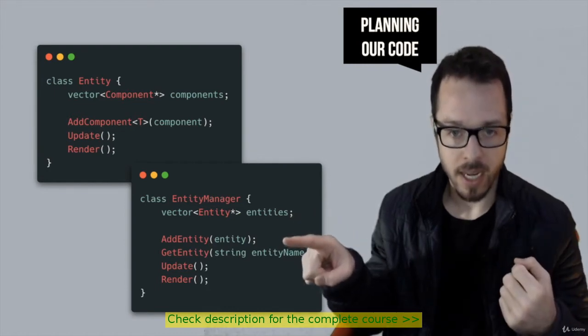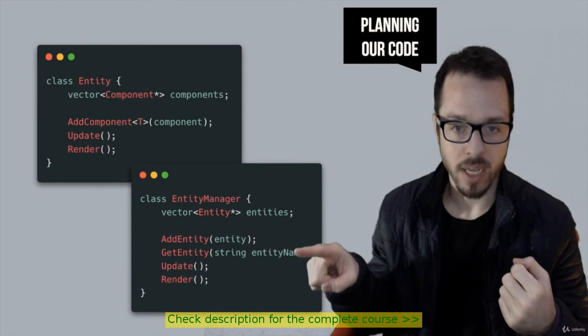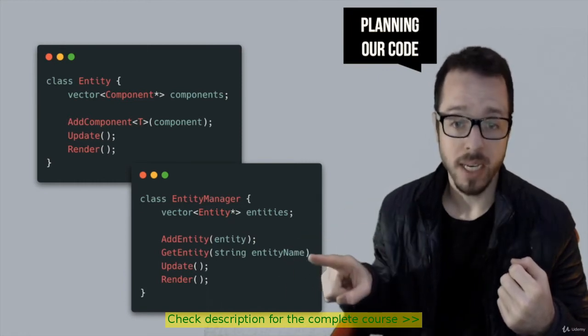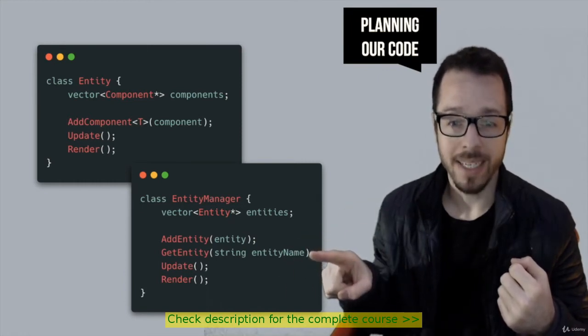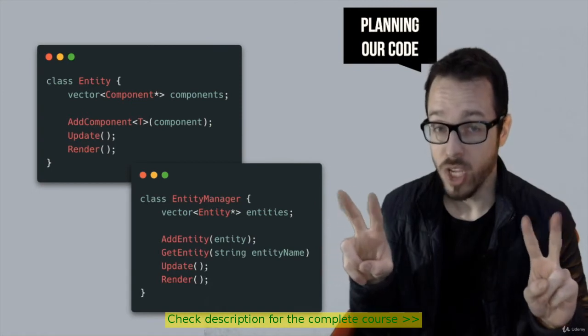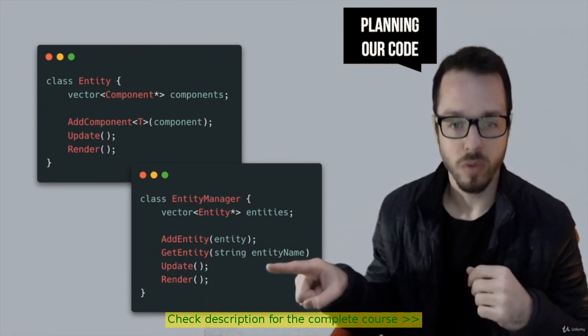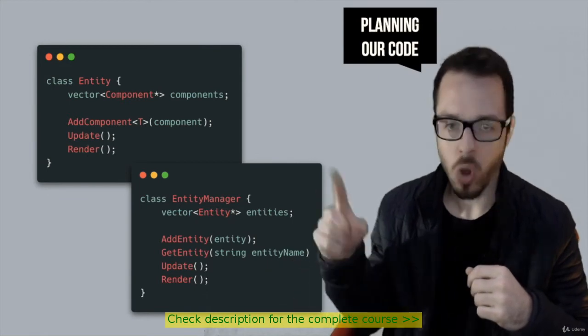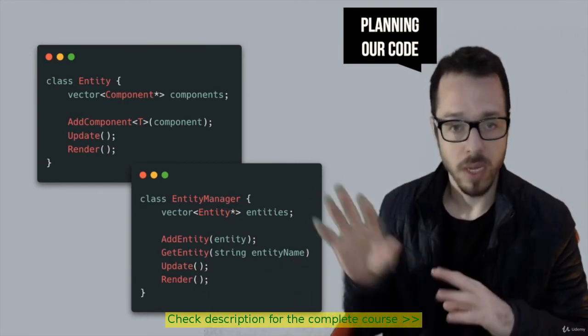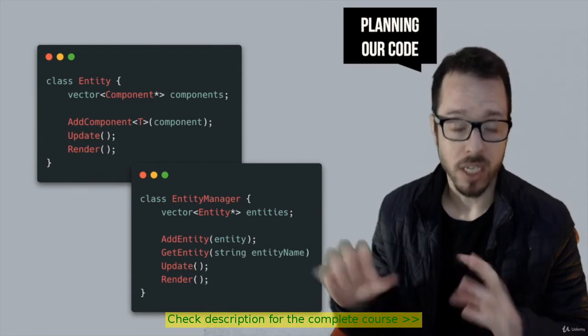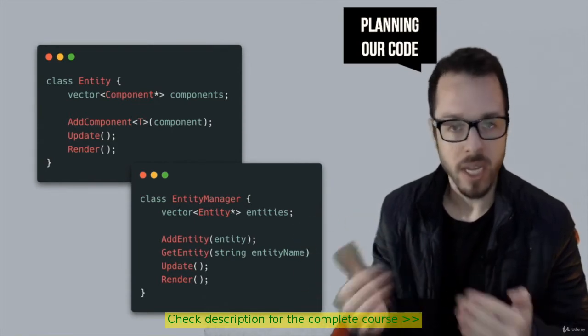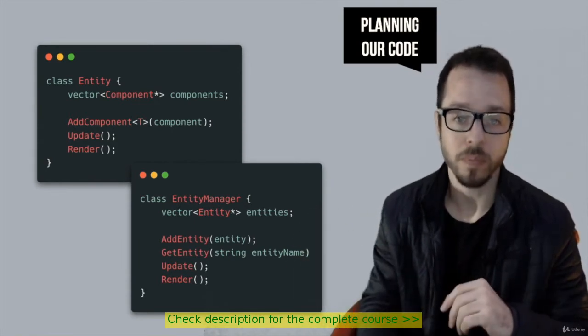I can add an entity that goes and adds to this vector. I can get the entity with a string entity name. Maybe my entities have a little unique identifier, which is the name. And my entity manager is responsible for updating and rendering all the entities that it has. So having an entity manager that is responsible for adding, removing, destroying the entities of my game.